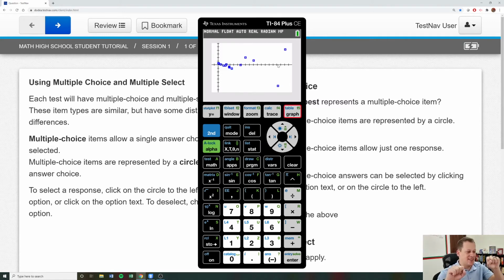And all the points have moved, essentially rotated with it. That's not a mathematically sound explanation, but all these points relative to the x-axis are in the same position that they were relative to the original regression line. This point is still above. It was above the regression line. Right? So this is called a residual plot.